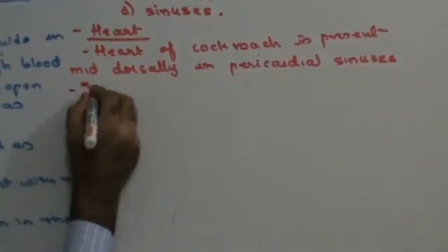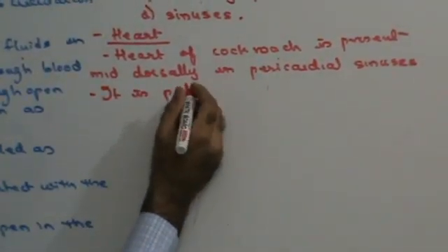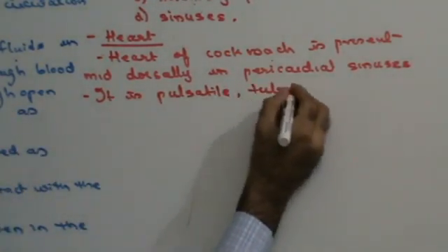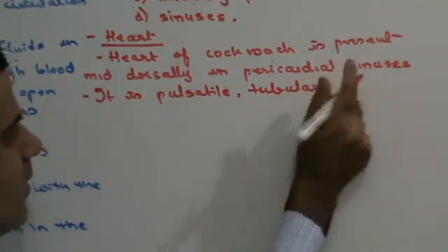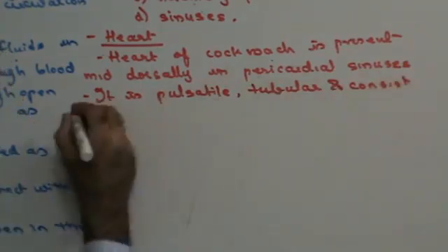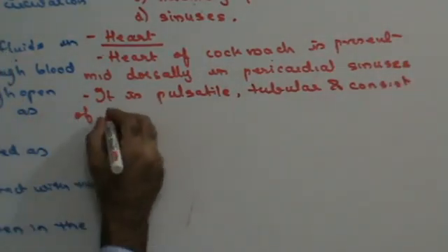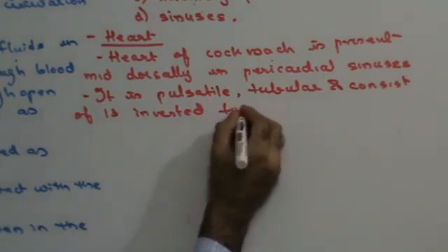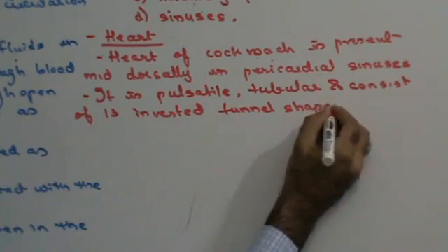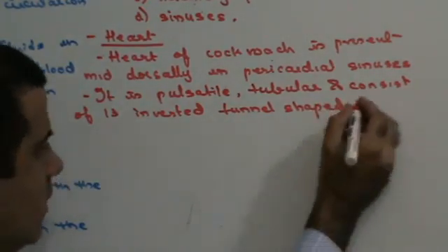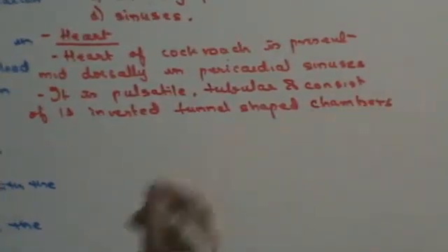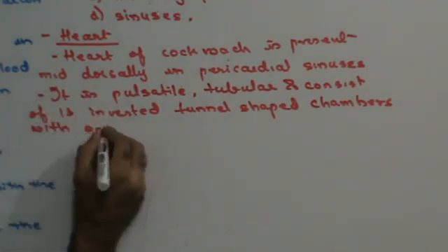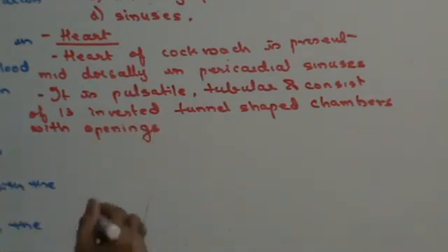It is pulsatile, tubular, and consists of 13 inverted funnel shaped chambers with openings called ostia.